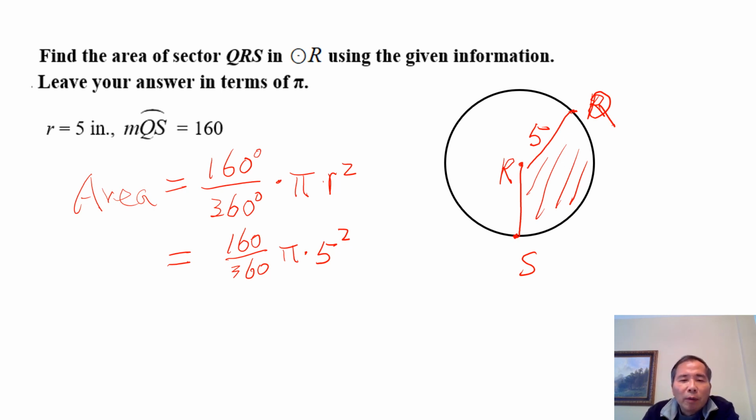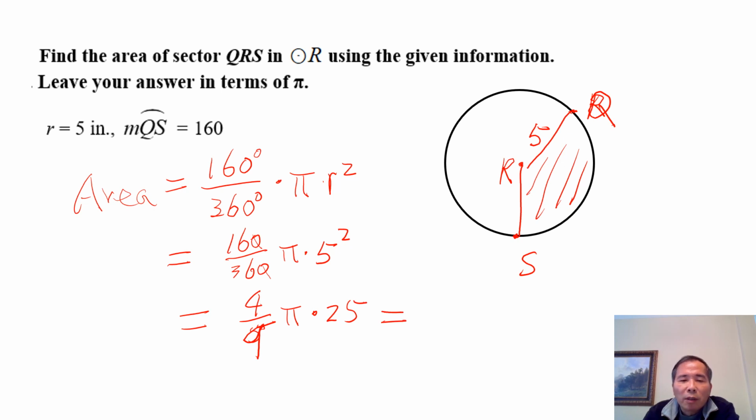Once we have that, we simplify it. The zeros cancel each other. Also 16 over 36 is 4 over 9, so 4 over 9 pi times 25.